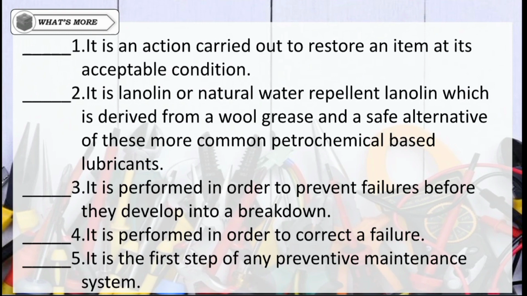For number 4, it is performed in order to correct a failure. And number 5, it is the first step of any preventive maintenance system. Don't forget to write your answer in a separate notebook, class. And for tomorrow, kapag in-access nyo na yung Google Forms natin, madali nyo nang masasagutan ang ating activity na to.